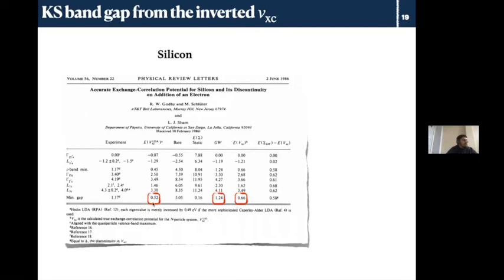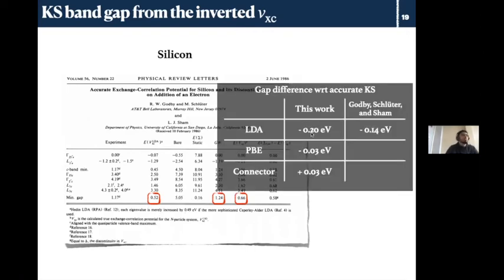They found a difference of 0.14 electron volt with respect to the VXC of LDA. In this study, we found almost the same quantity, 0.20 electron volt.